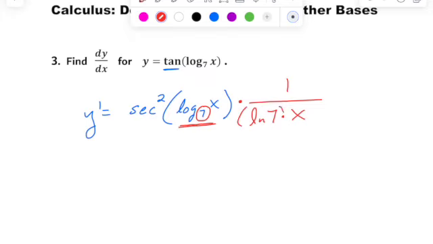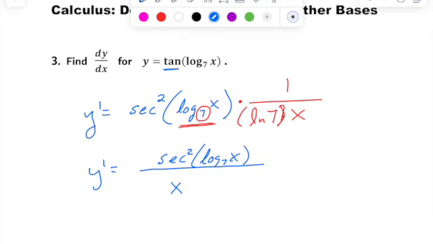Sometimes people will put parentheses around the ln of 7 to show that that's definitely not 7x on the inside of the natural log there. It doesn't hurt to have some extra stuff, and this would probably be written as a nice fraction like this, with ln of 7 times x, or people put the x in front of the ln of 7 if you like.